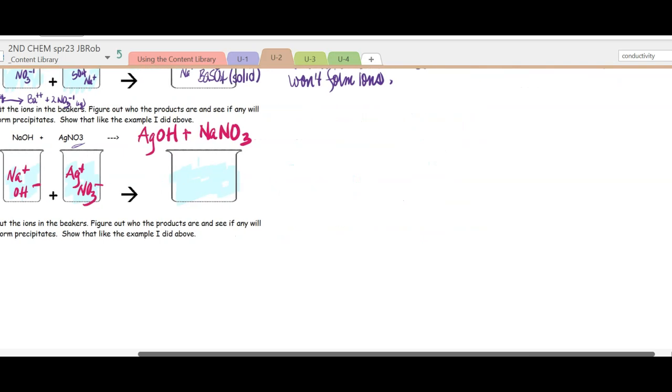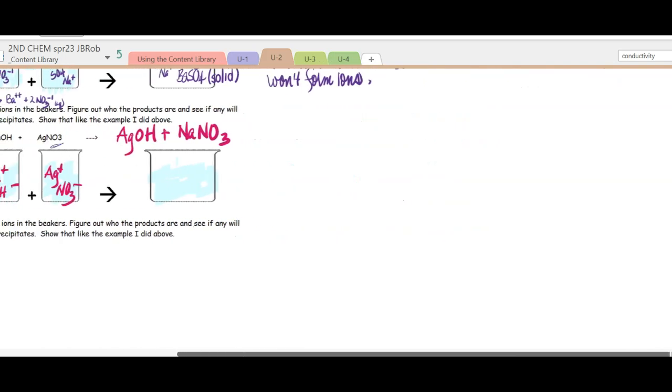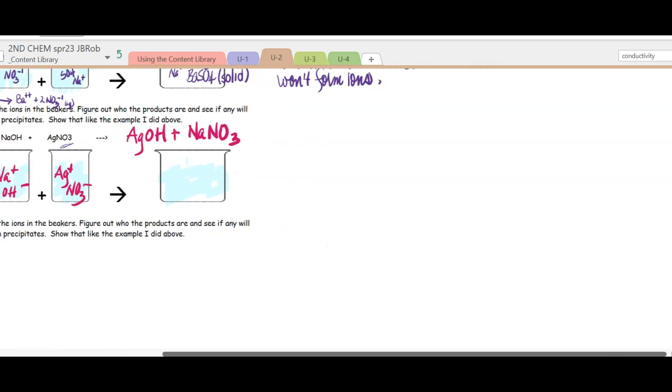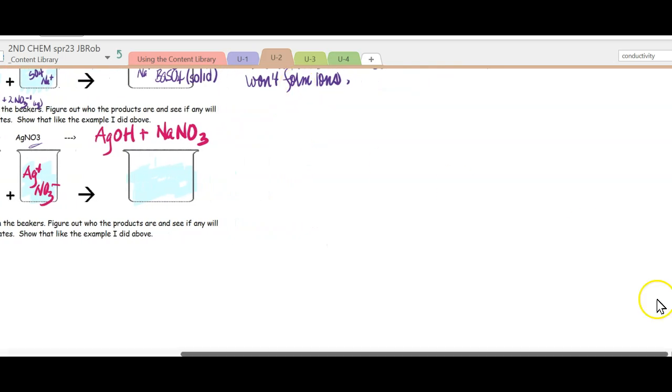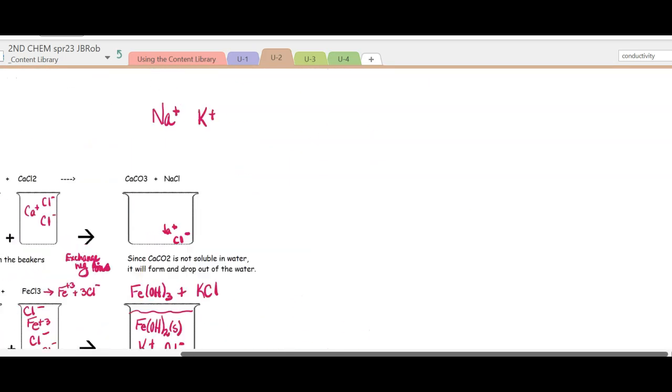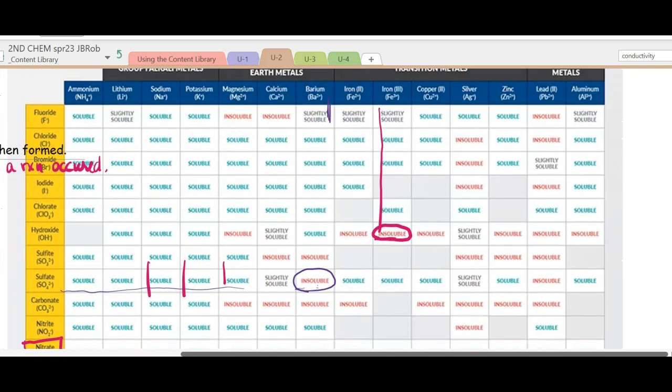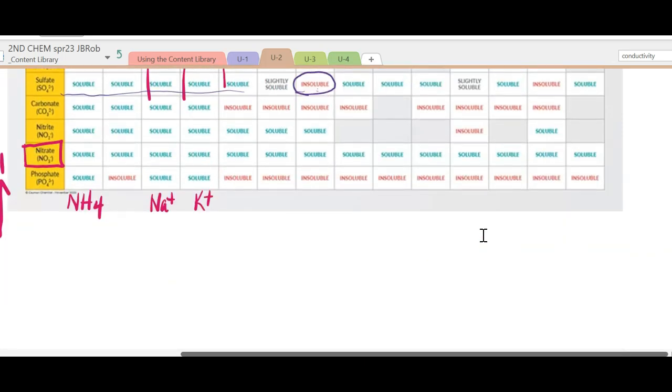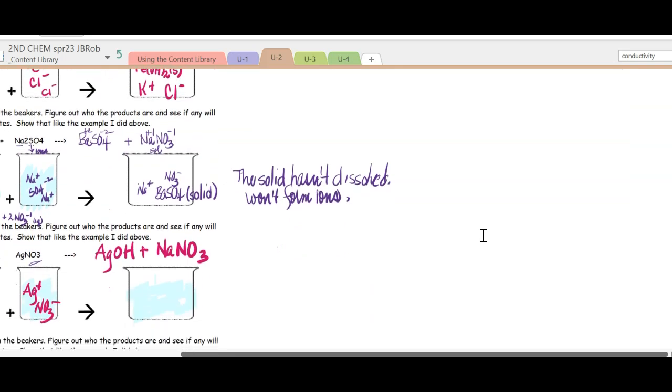But let's go see about silver. Let's go check on silver hydroxide. What is its story? All right, here's silver. Silver hydroxide. Here it is. Very slightly soluble. So it won't appear quite so fast, but most of it is not going to dissolve.